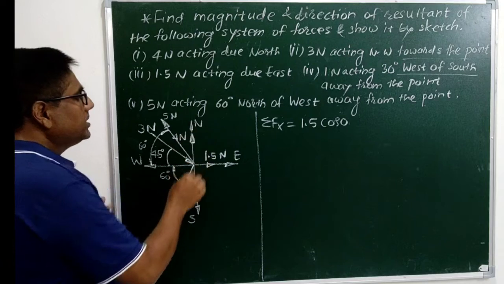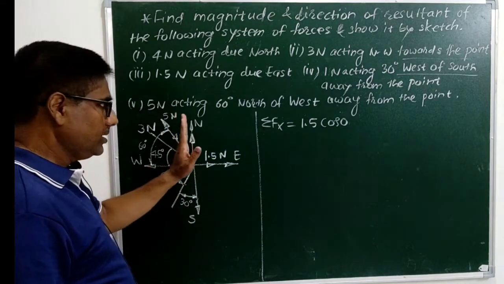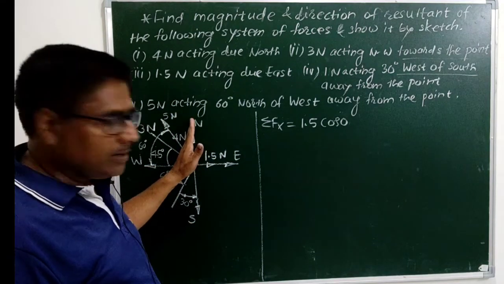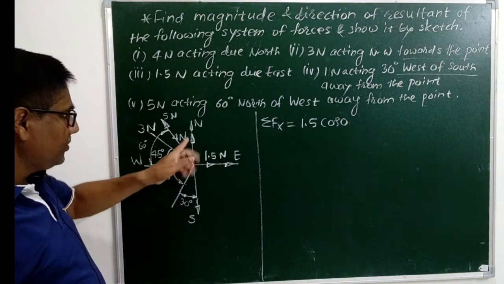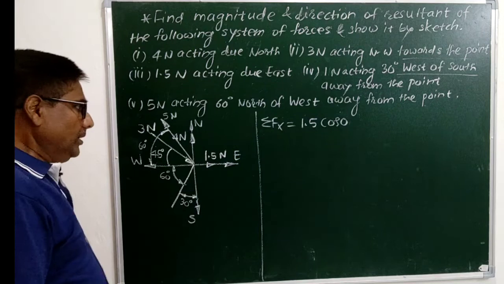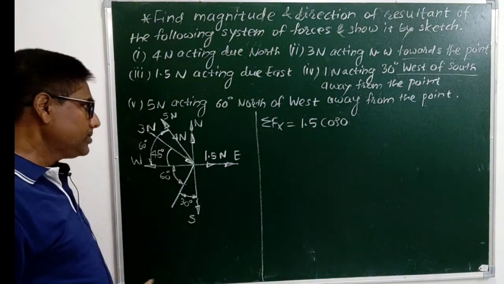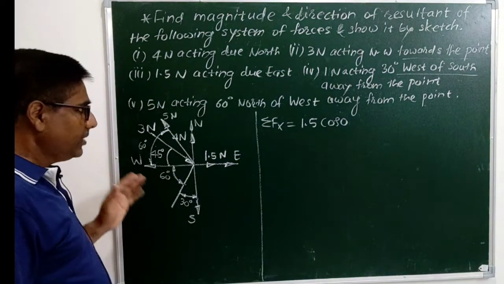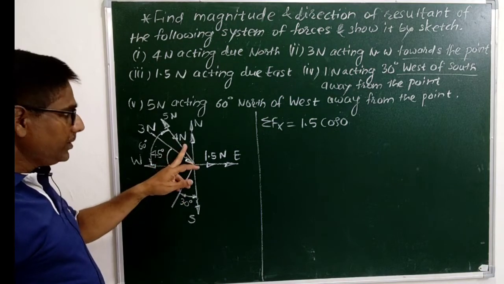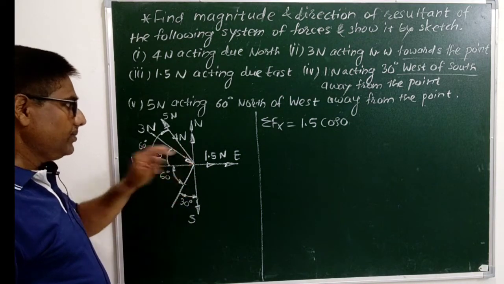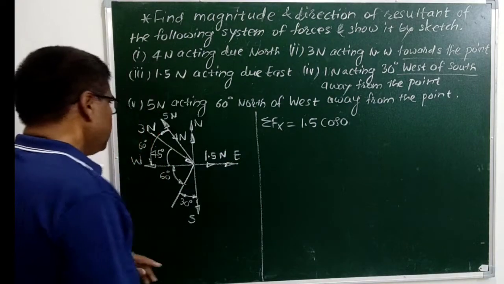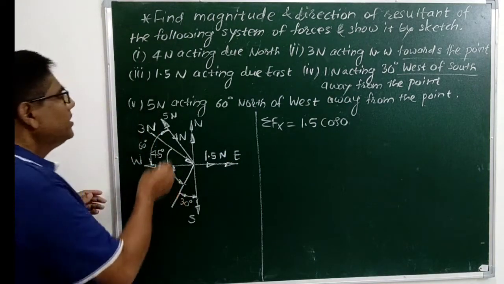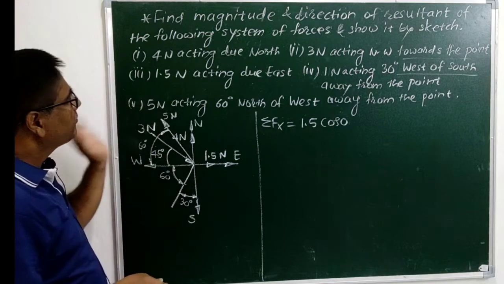Second force, it is acting due north, therefore there will not be any component along x-axis for this force 4 Newton. If we skip this force, no problem. Even if you take 4 into cos of 90 is equal to 0, need not to be taken. Therefore now let's move to this force, 5 Newton force.